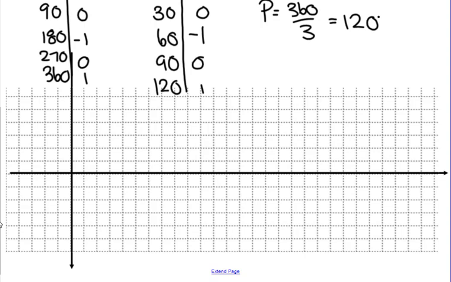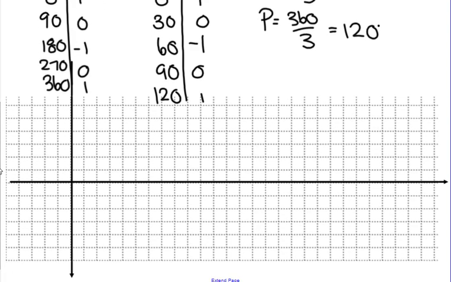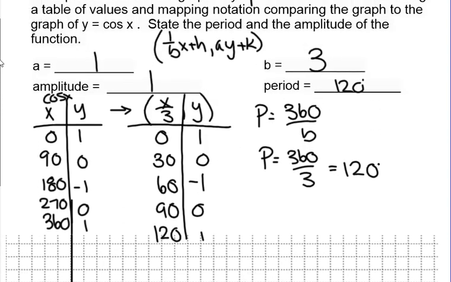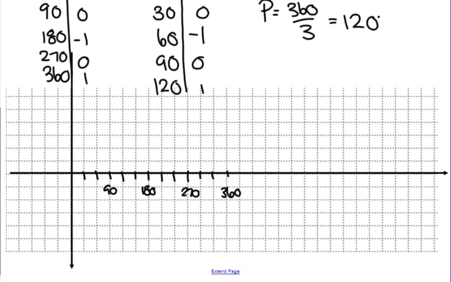Things we can do, we probably want to do 30-degree intervals. So 30, 60, this would be 90, 1, 2, so every 3, 180, that is going to be 270, 1, 2, 3, 360, and we need to graph from 0 to 360.